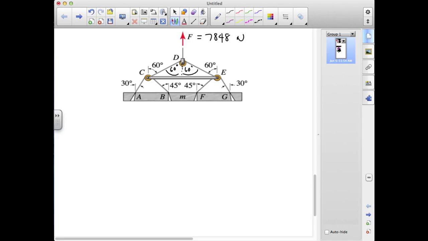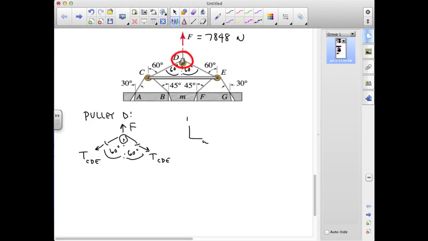And so I could draw a free body diagram of pulley D based on, for instance, this enveloping surface. And the only difference between this and the previous problem is now the angle that this makes with the vertical is 60 degrees on either side. And so my equation in the tangent direction, where I again align the tangent with the force coming off the shackle, is going to give me that F minus 2 T_CDE cosine 60 in this case is equal to 0.